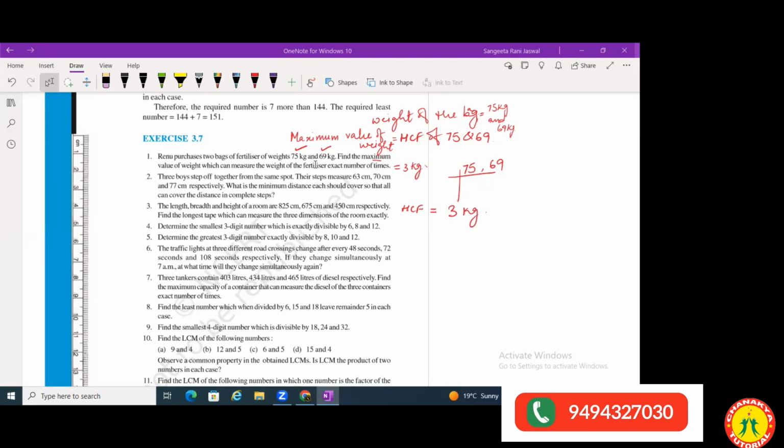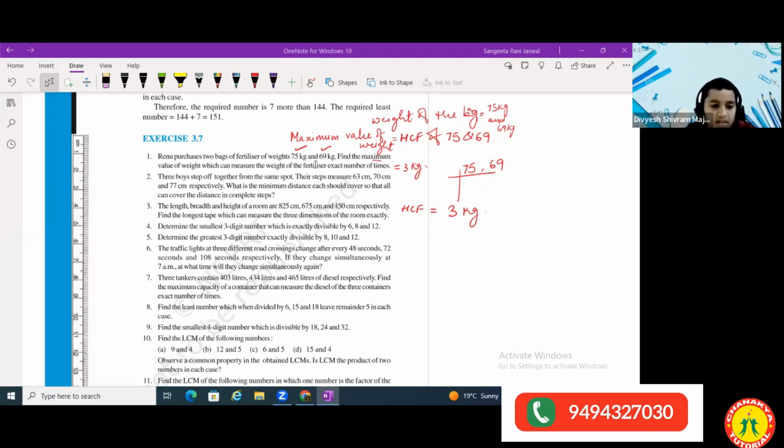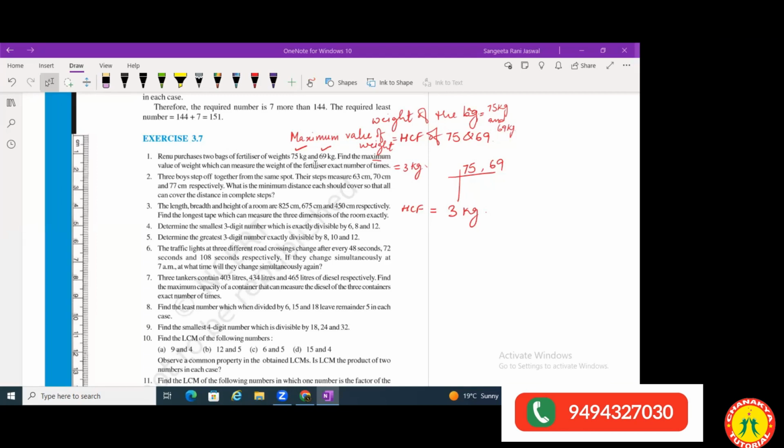The first thing that is given in the question becomes your first step. Yes, Divesh, what will be the first statement? Length of step measures of 3 boys. Exactly. The steps taken by 3 boys, that is 63, 70, and 77 centimeters.